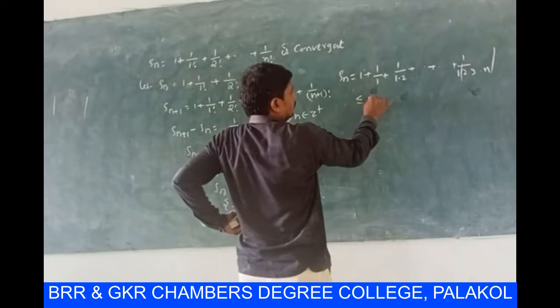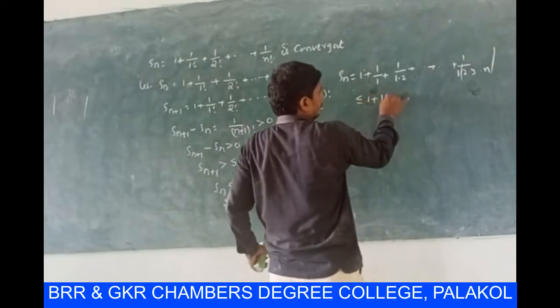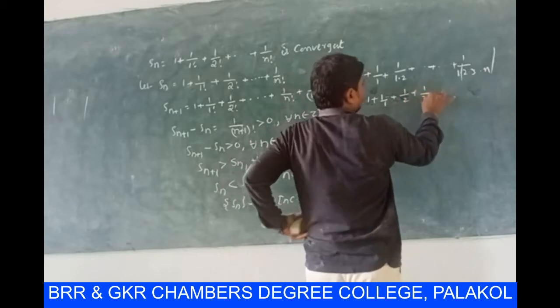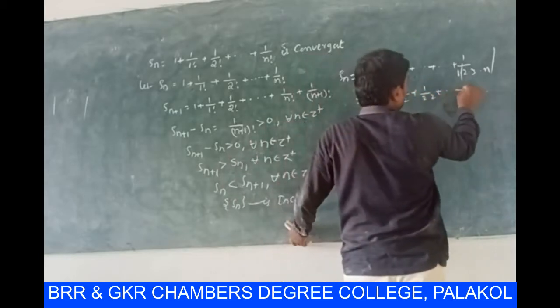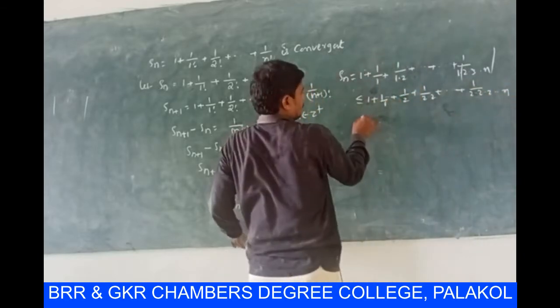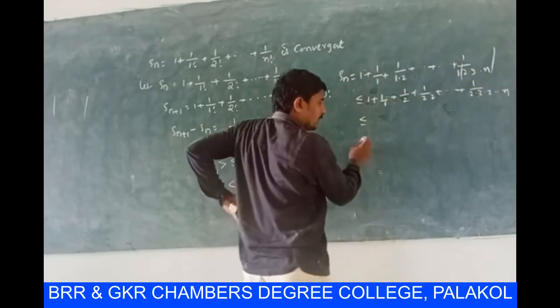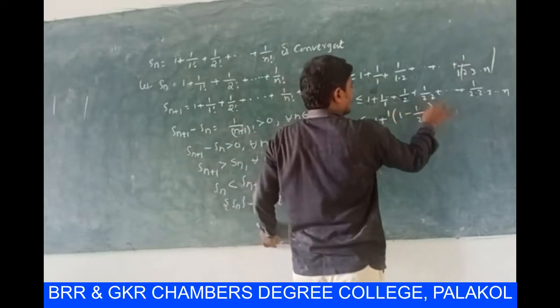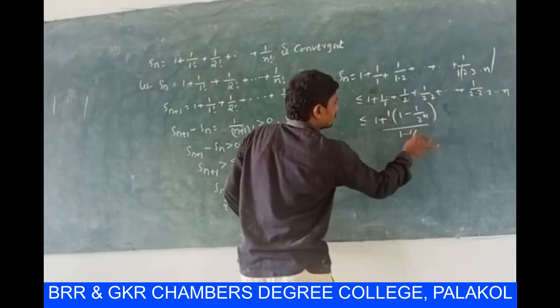This is less than or equal to 1 plus 1 by 1 plus 1 by 2 plus 1 by 2 into 2 plus and so on 1 by 2 into 2 into 2 and so on n times. That is less than or equal to, as per the geometric progression, 1 into 1 minus 1 by 2 power n by 1 minus 1 by 2.